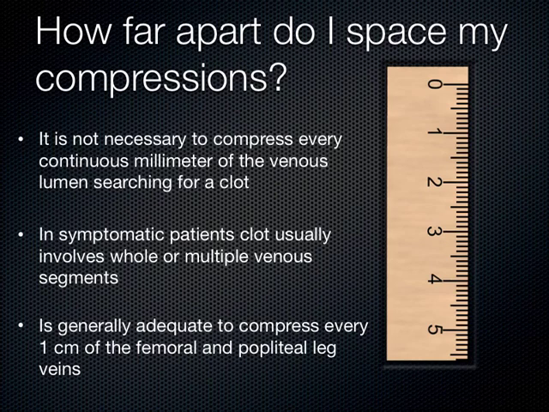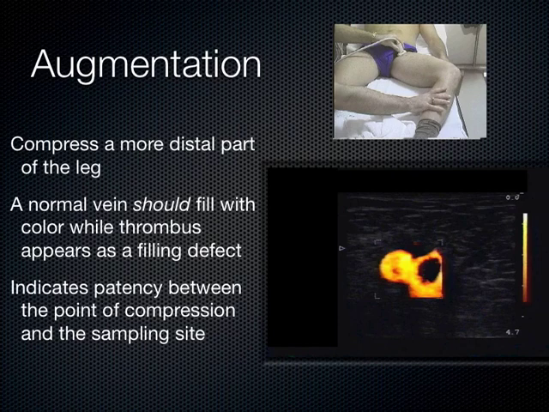Because in patients who have clots in their legs, they're not like little tiny 1 millimeter clots. They're like long segments of clots. They involve multiple segments, actually. And so it's usually more of a larger process. So it's okay to go 1 centimeter increments.